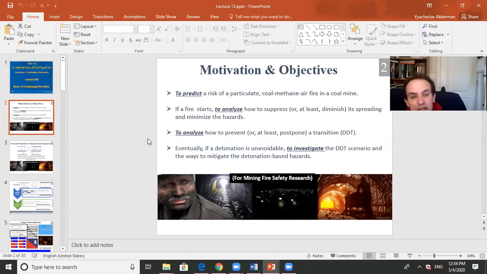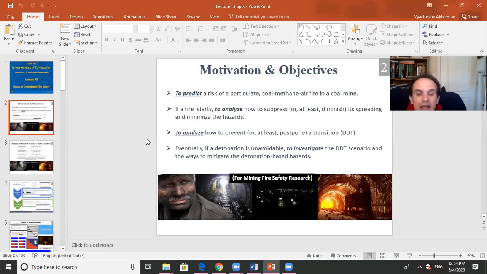So our strategy is to predict the risk of particulate fire and how to avoid it. Unfortunately, our sensors are not perfect. They measure the concentration of methane and of dust, but they cannot measure it in every location where an explosion may start. So what should we do?